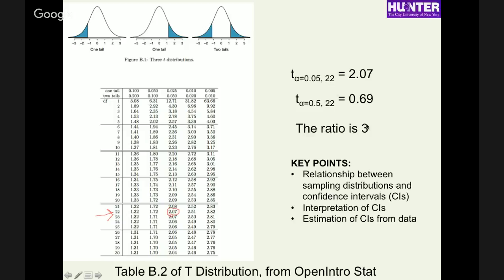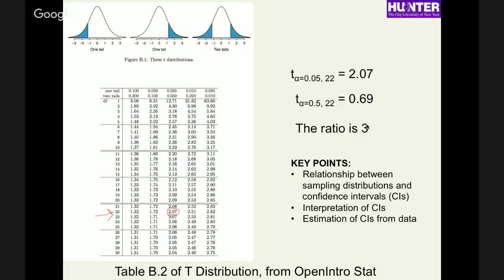So key points here on confidence intervals before we move on to hypothesis testing. Remembering that relationship between the sampling distribution and the confidence interval, how we use the sampling distribution, whether it is the normal distribution or a t distribution, to calculate confidence intervals. You have equations for that.